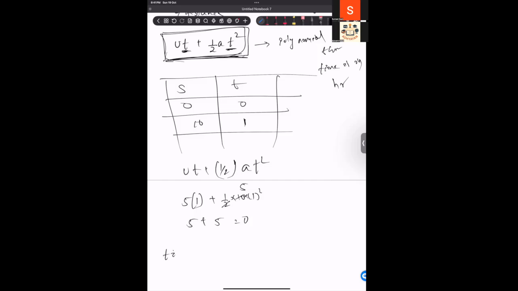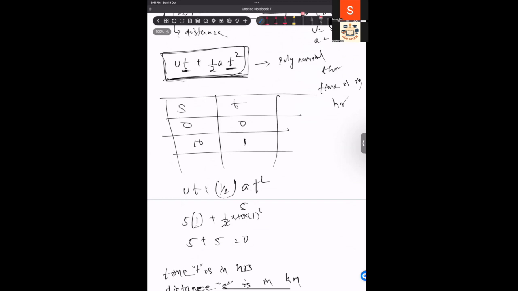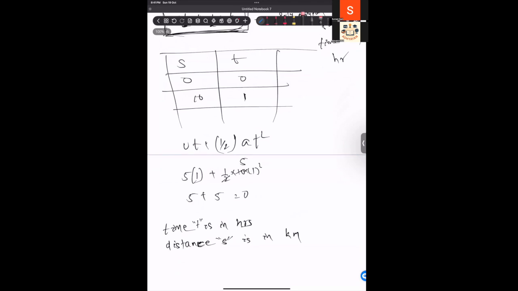And let's say time t is in hours and distance s is in kilometers, right? Then for t equal to 0, no distance traveled, nothing. The object didn't even start in the first place.